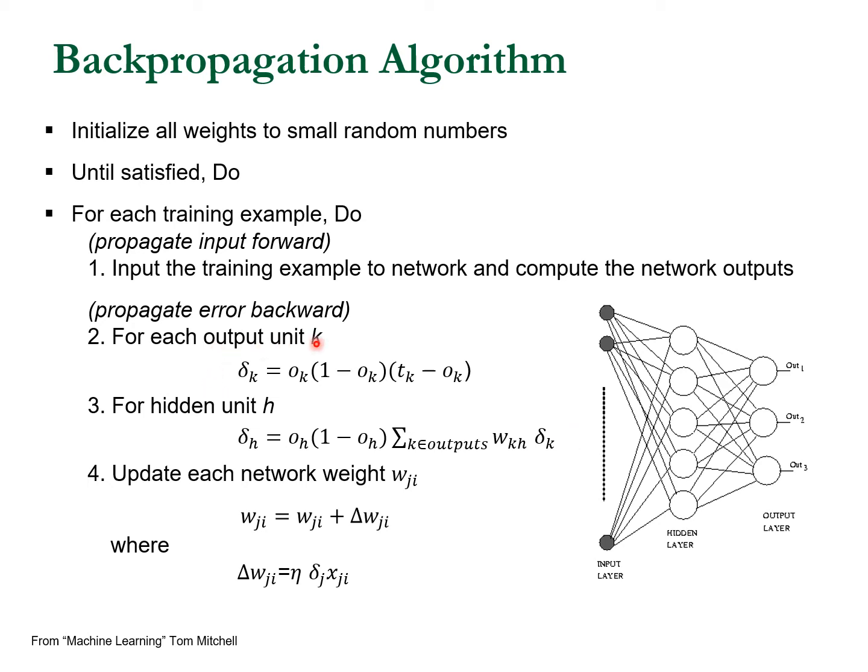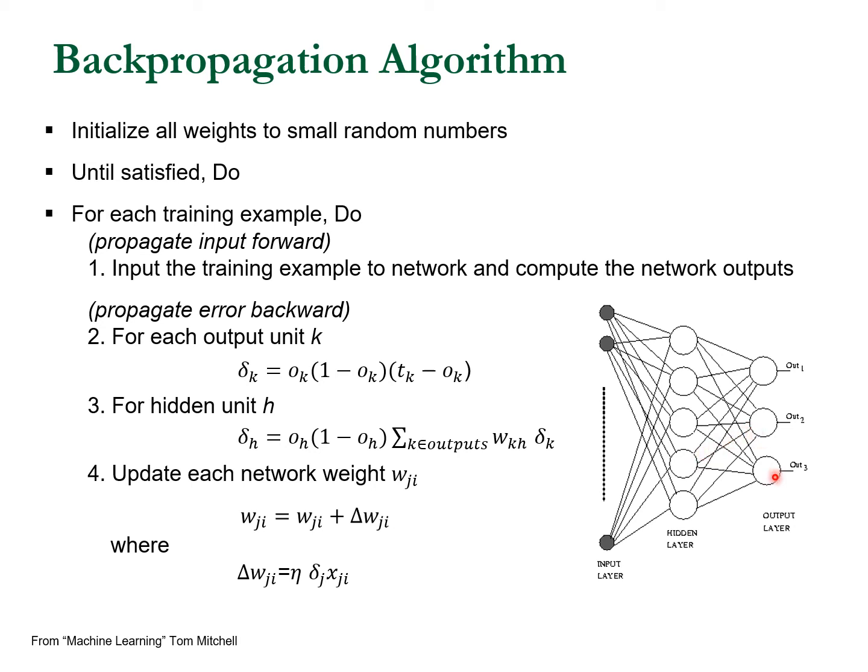So delta K is defined here. For every output node, we have delta K. So delta K is multiplied with WKH. For this output node, we compute delta K, and it is multiplied by the weight value of this one. For this output node, we compute its delta value, and it is multiplied with the W value here.